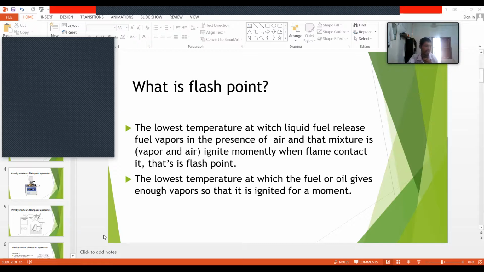So by measuring the flash point, we can check the oil quality. Like that, there are different applications for finding out the flash point. And the big application is to keep things safe. If the fuel temperature is not increased up to the flash point, then that is safety. Okay, that is one.